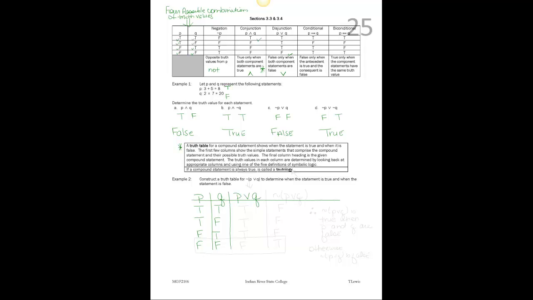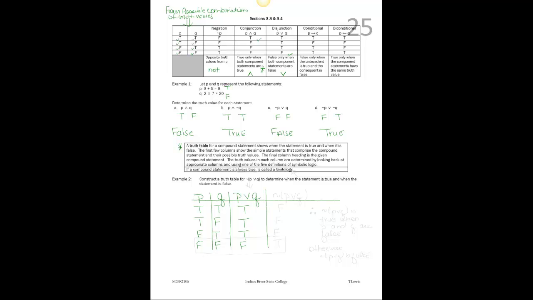So T or T is true. TF is true. FT is true. Now, notice we have false and false. That makes this disjunction a false statement.